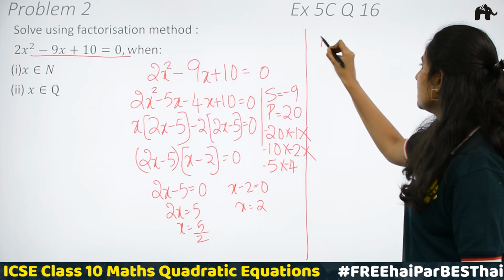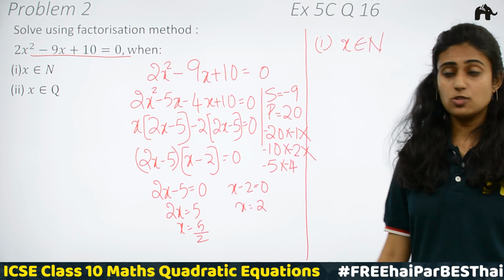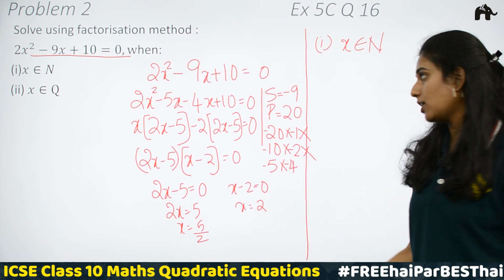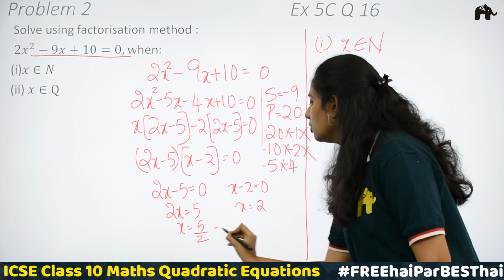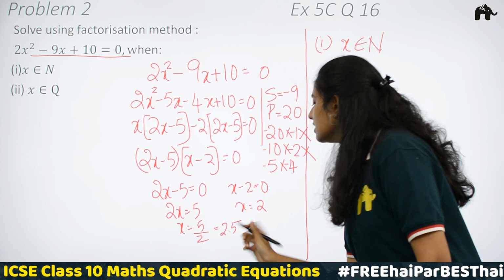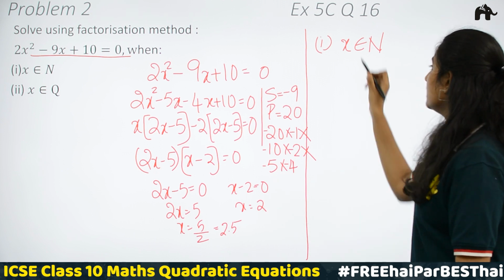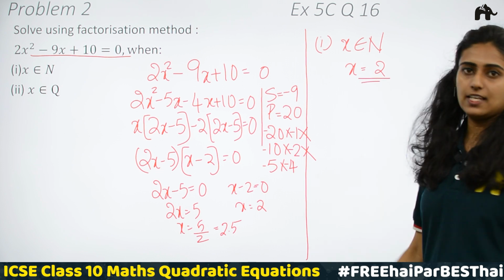Now the first question, x belongs to the set of natural numbers. Can we choose both these values of x in that case? No, right? 2 is a natural number, but 5 by 2 is equal to 2.5. This is a decimal or a fraction which is not a natural number. Therefore, x is equal to 2 in this case.